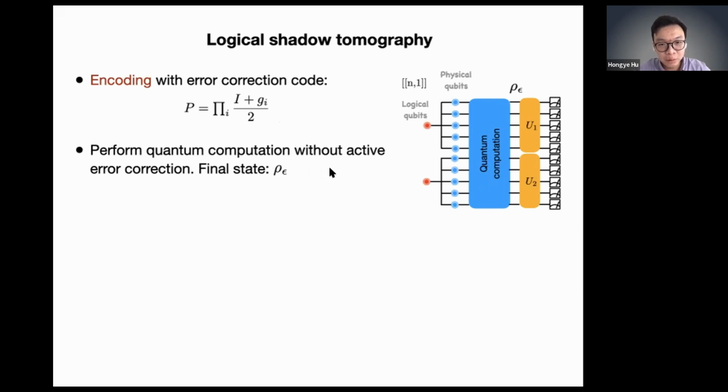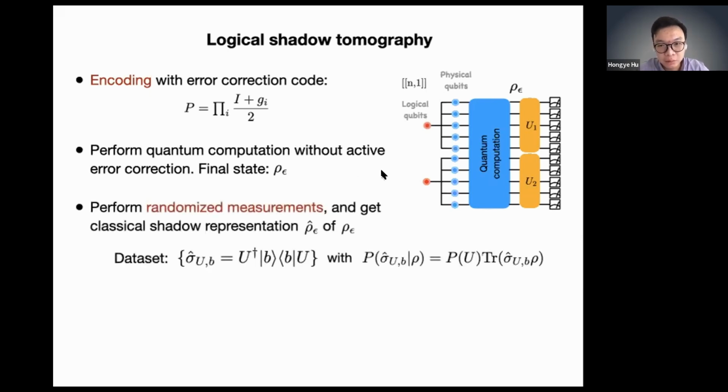The way we mitigate errors is that after the quantum computation, we want to get the classical shadow representation of this final state rho epsilon. So we apply a global Clifford transformation on each of the logical qubit sectors and perform the computational basis measurement. For each measurement result, we will have a stabilizer state as our classical shadow.